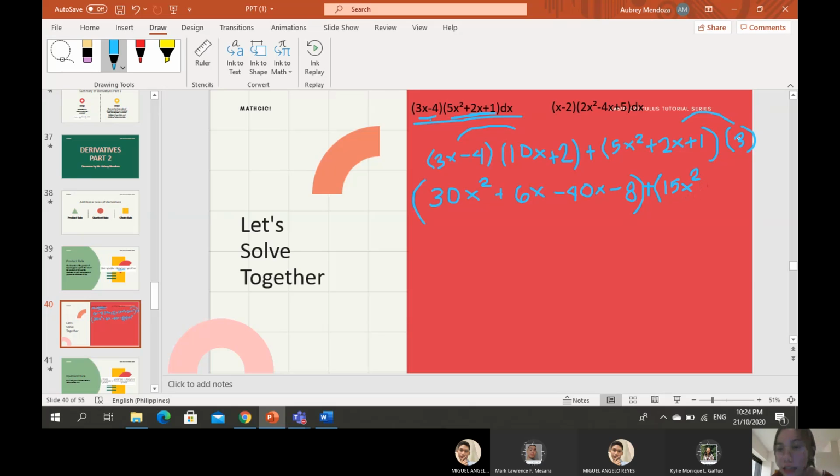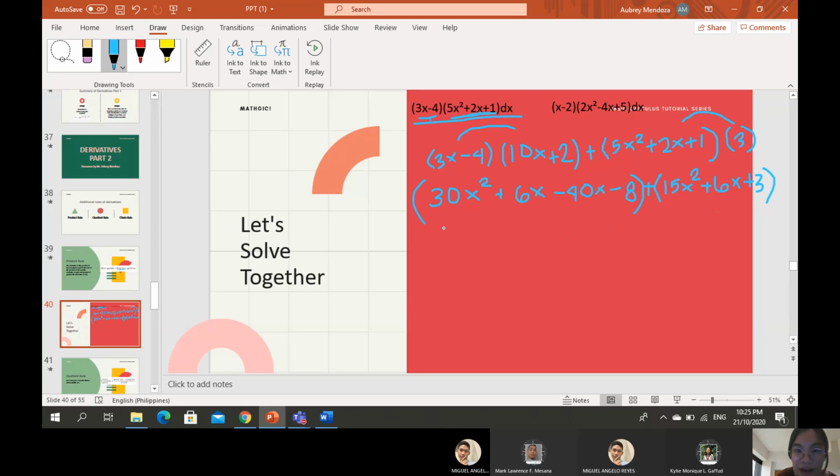And then 3 times 2x is equals to 6x. And 3 times 1 is equals to 3. So this is not yet the final answer. We still have to simplify it and be able to get the final answer.